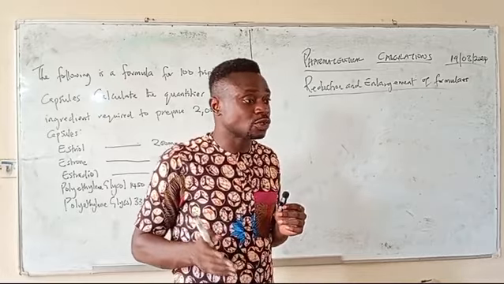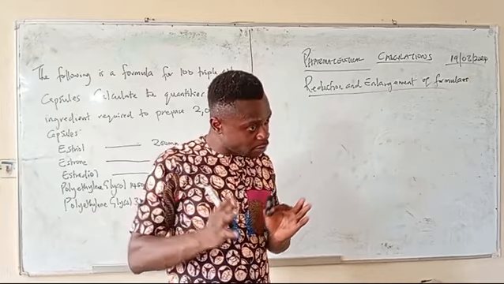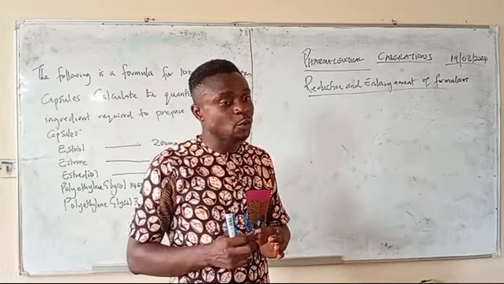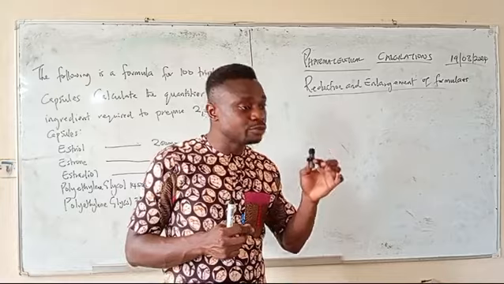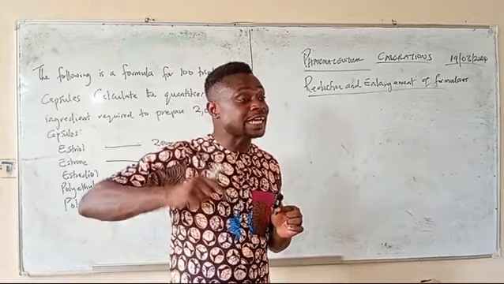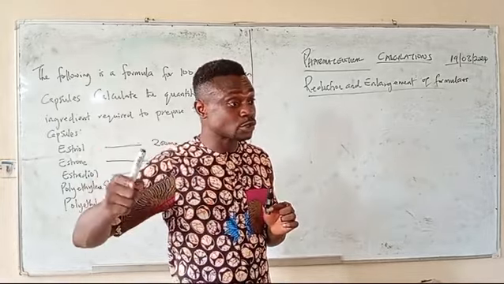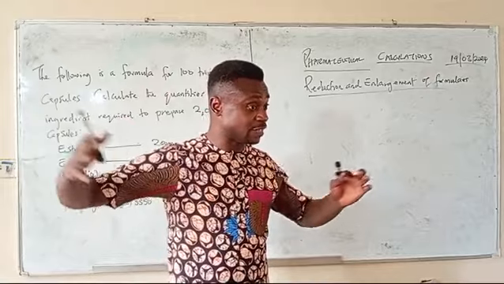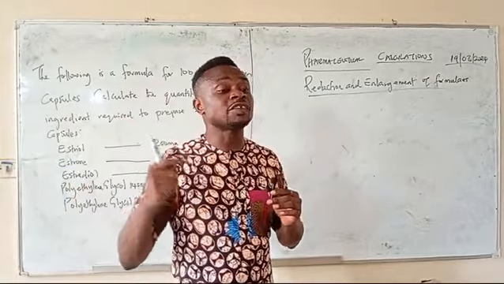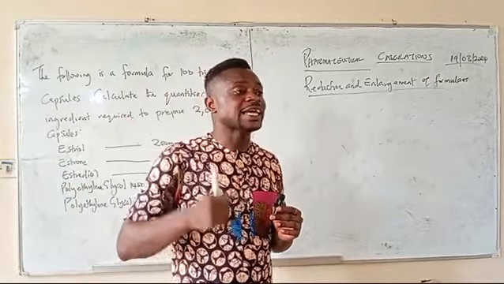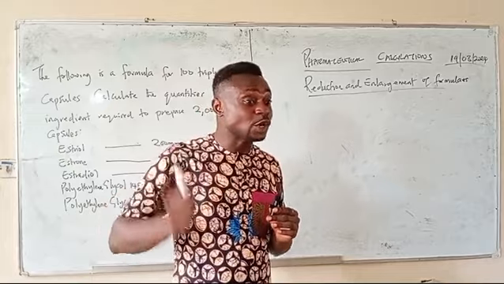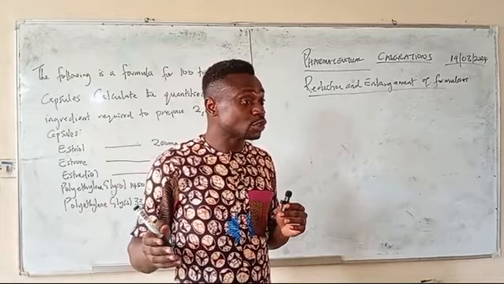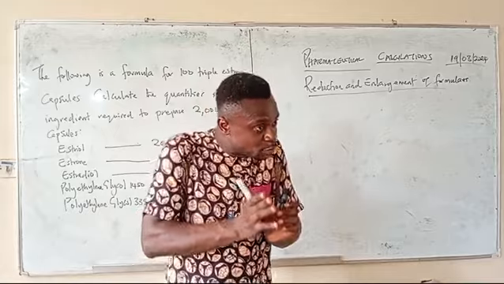What are you going to do? You reduce the formula. If the one in the official book is less than the one you want to produce, you enlarge the formula. But if the formula is more than the one you want to produce, you reduce the formula so you can produce a smaller one.